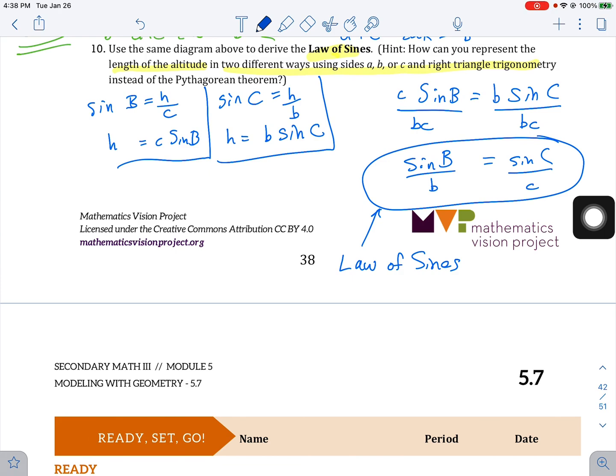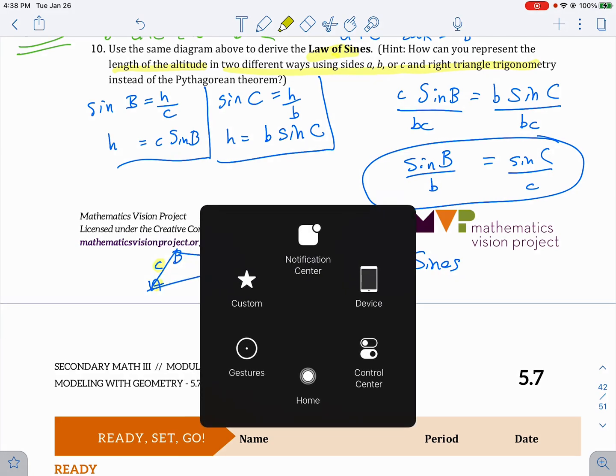Law of sines is also really useful if you have a triangle. And again, let's say A, B, C with sides b, a, and c. And if you know, for example, two of the angles and one of the opposite sides, you can use that to calculate the other opposite side for the angle.